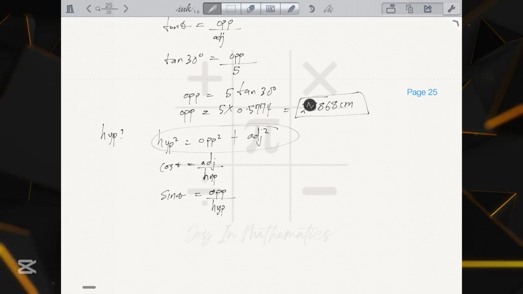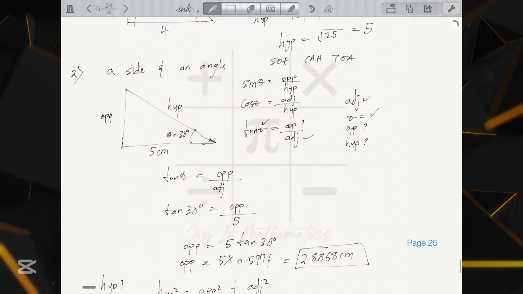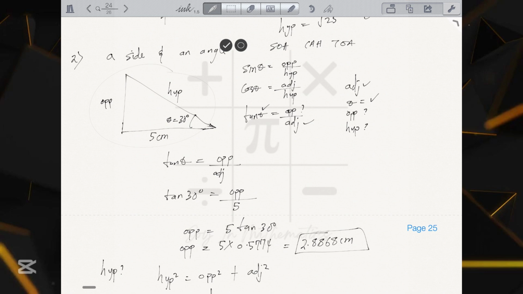We have used this to evaluate the hypotenuse in the first question. Let's apply cos theta and let's apply sine theta. So applying cos theta is equal to adjacent divided by hypotenuse.